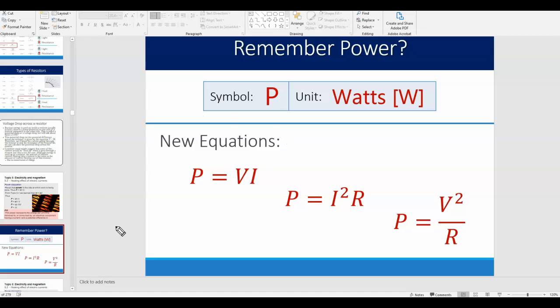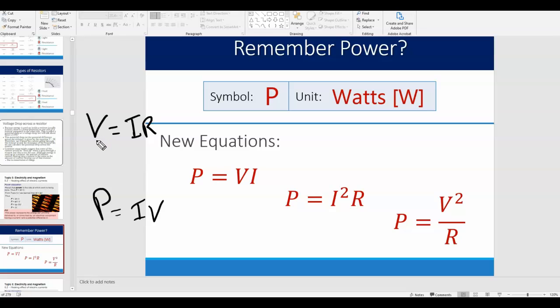But also, if you have P equals I times V, we know that a voltage drop is given by V equals I times R. And so by making the appropriate substitutions, we can come up with two other equations for power.